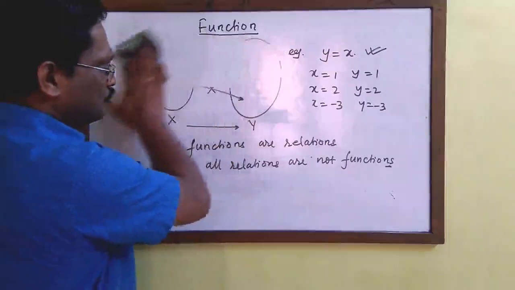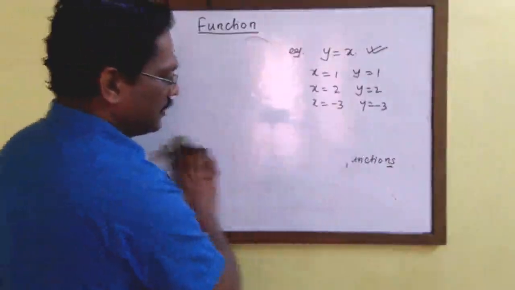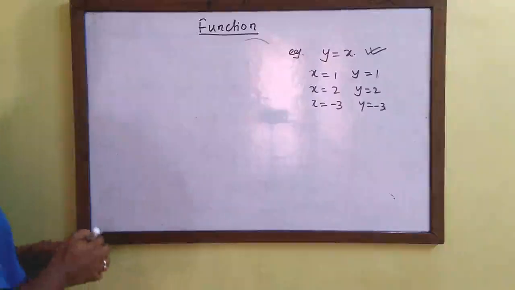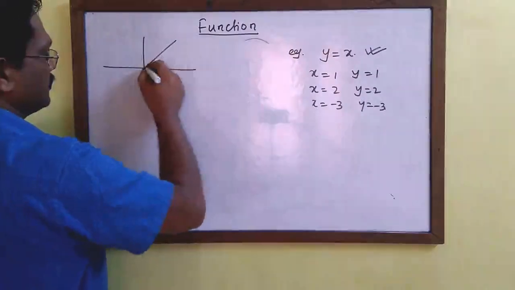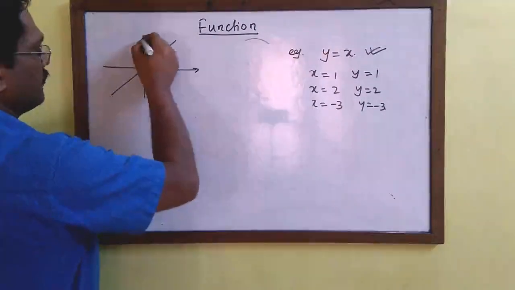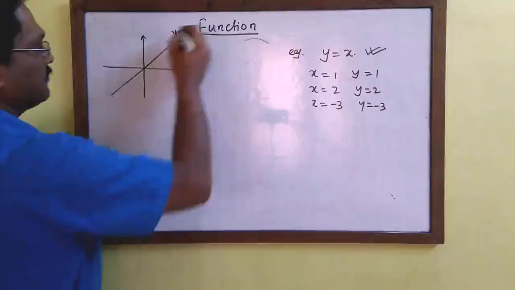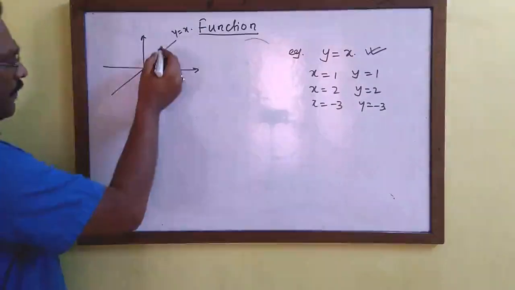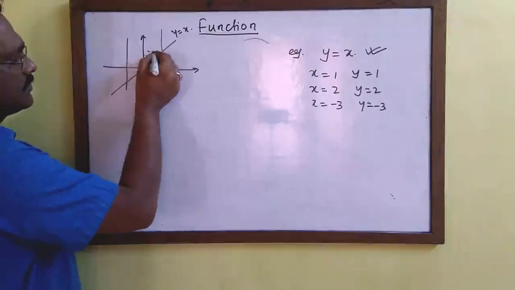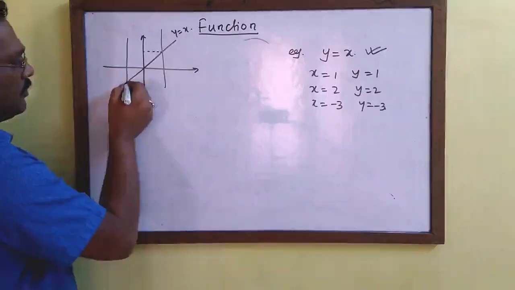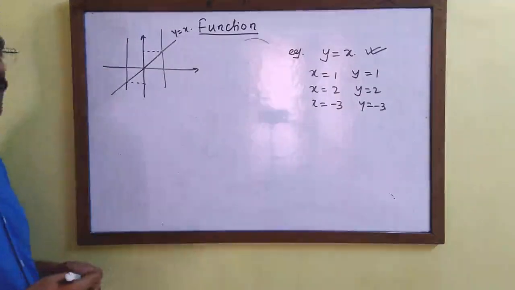Now, let us approach this geometrically. If I draw the graph of y equal to x, this is the kind of graph that it forms. Now, if I draw a line parallel to y-axis, it intersects this graph only at one point. What is the meaning?